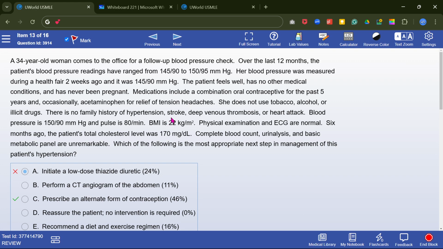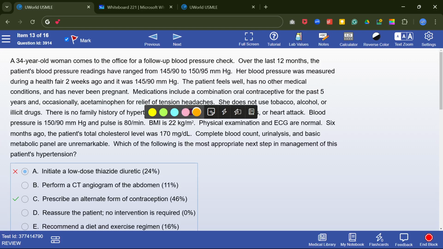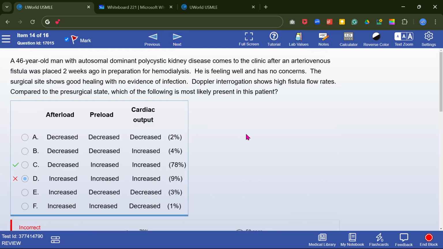She is a 34-year-old woman with BP 145 by 90 to 150 by 95, measured during a health fair 2 weeks ago. She does not use alcohol. She is on OCP, so the medication should be changed, and look for whether the hypertension resolves.